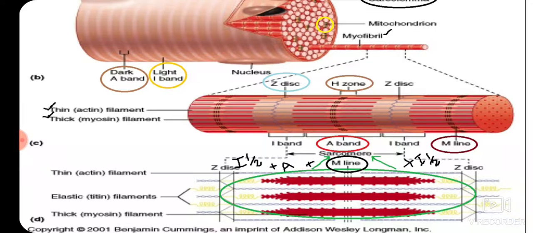So it contains a Z disc, half of the I band, a whole A band plus the M line, and after the M line it also contains half an I band and a Z disc. So this whole makes a sarcomere.